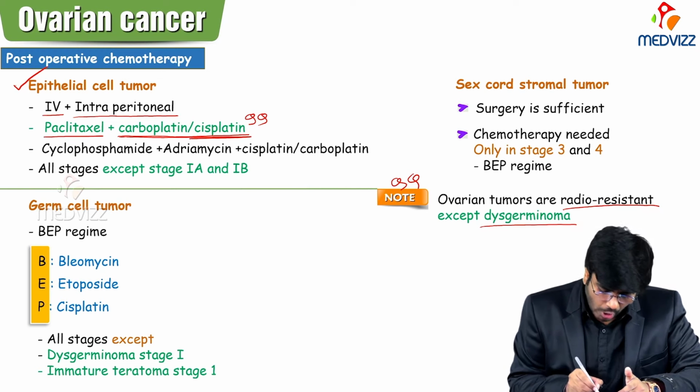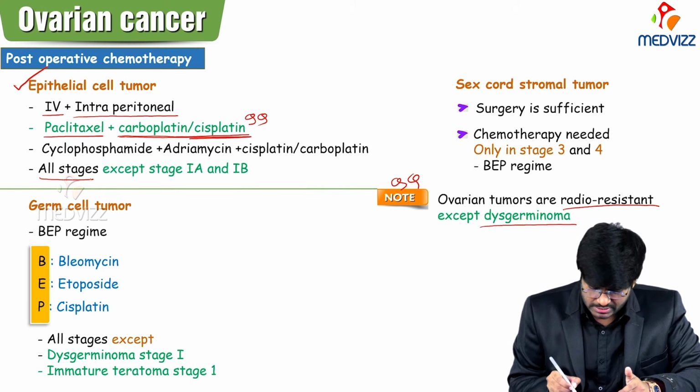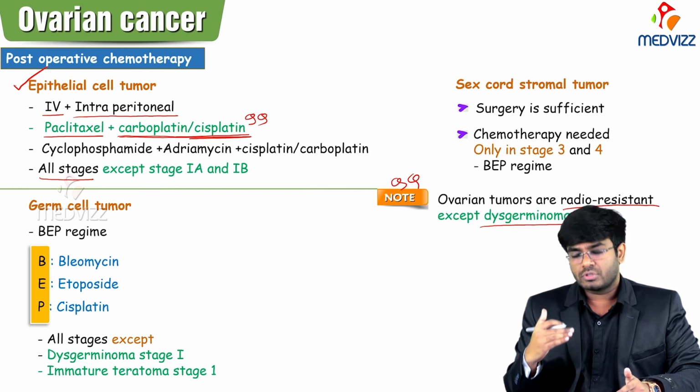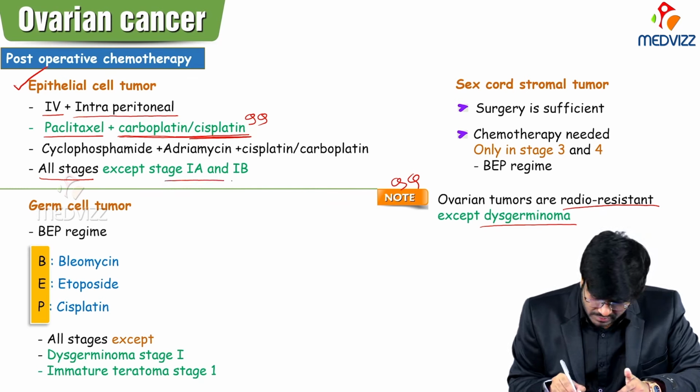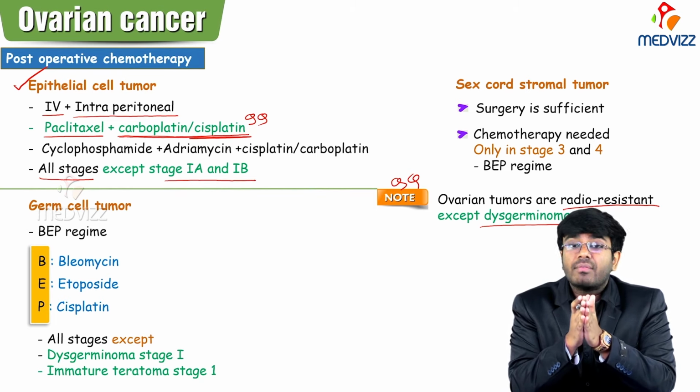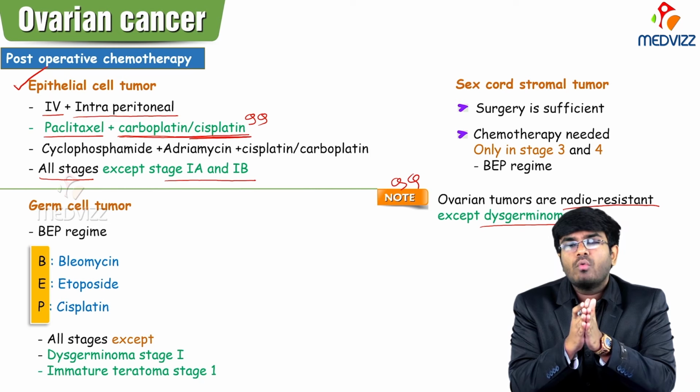It should be given to all the stages of epithelial ovarian cancer except stage 1A and 1B.